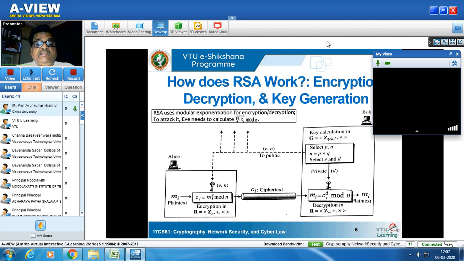So the overall thing is, we are interested in how we can provide extra security for the message that is getting exchanged between the sender and receiver. That is what we are trying to focus on, and for that purpose, knowledge about how RSA works is very crucial.